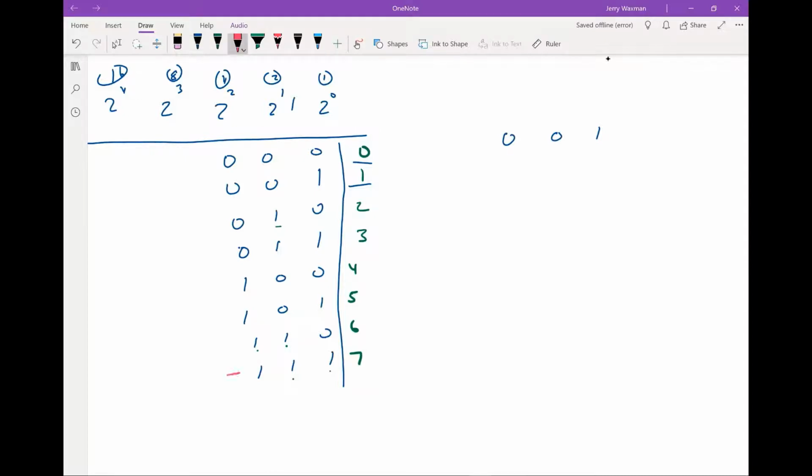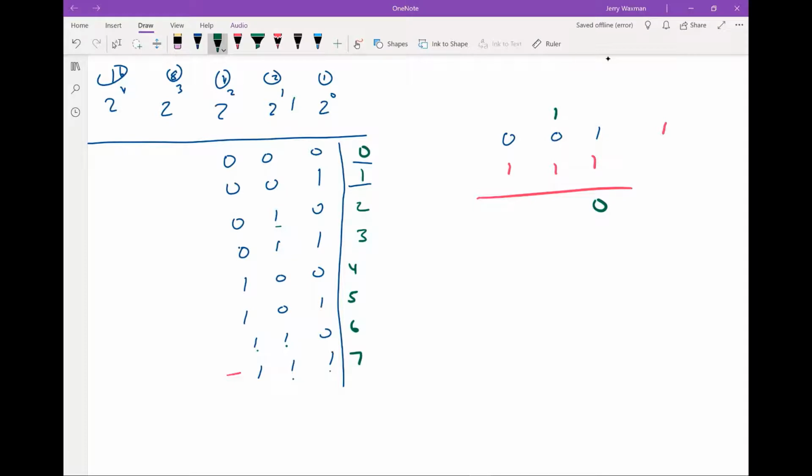So let's take a look at this one down here. If this represents my 1, and I put a 1, 1, 1 over here, what's going to happen? When I say 1 plus 1, what do I get? 1 plus 1 is 0. It's really 2, but 2 is 1, 0 in binary. So it's 0, carry the 1.